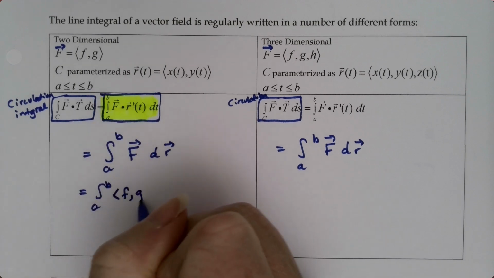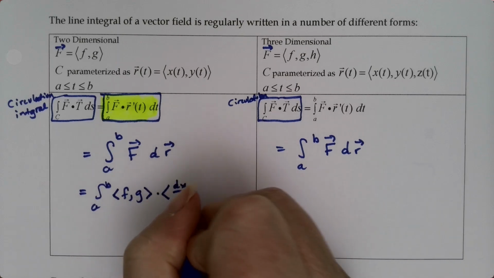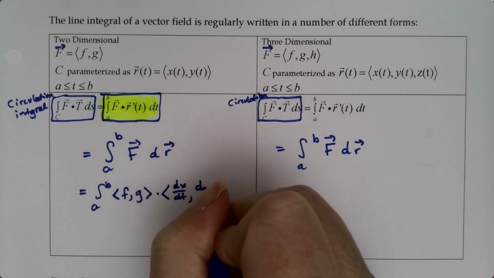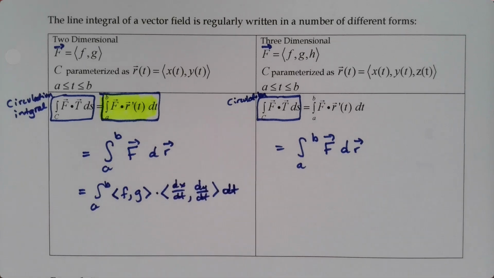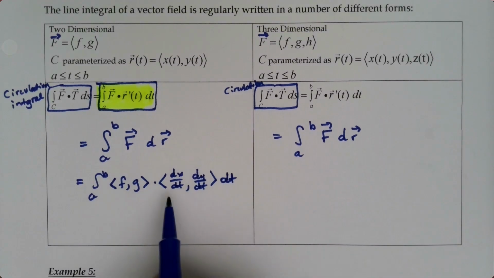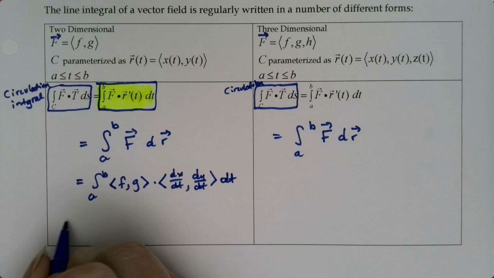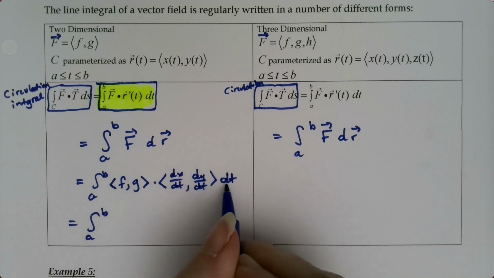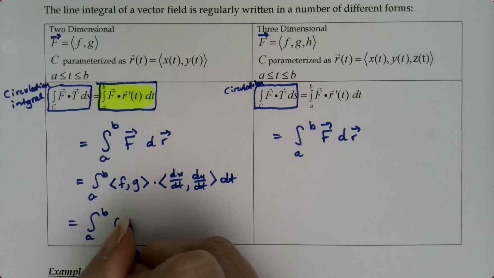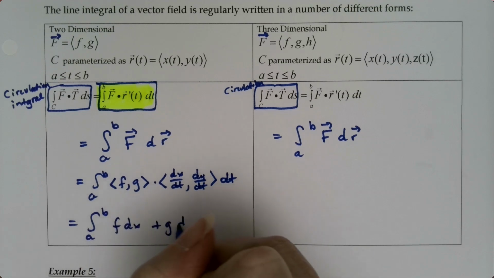So F comma G dot product with dr, which would be dx/dt, dy/dt, dt. So putting that together, this is equal to the integral from A to B of F dx plus G dy, because I'm going to take this dot product and the dt's would cancel.